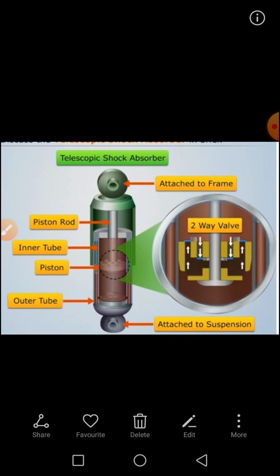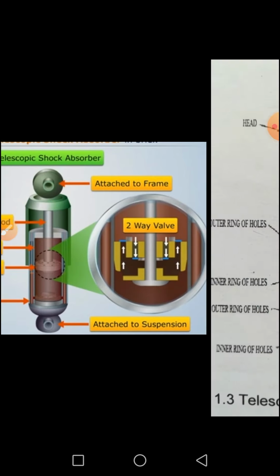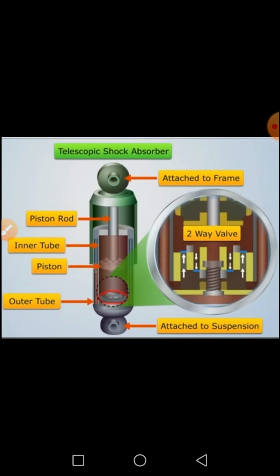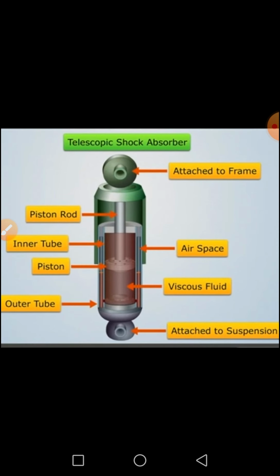Piston rod has a piston which can move inside the inner tube, and also the inner tube is filled with some viscous fluid. Viscous fluid means some oil, and the outer tube is also filled with the same viscous fluid, but not in full condition, in partial condition.